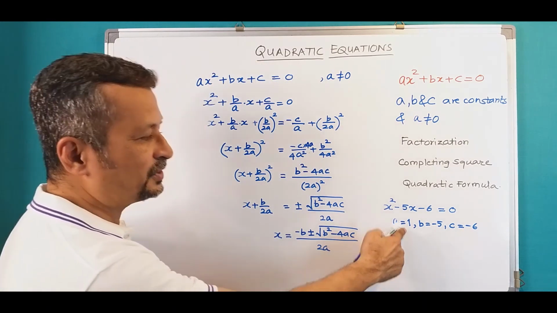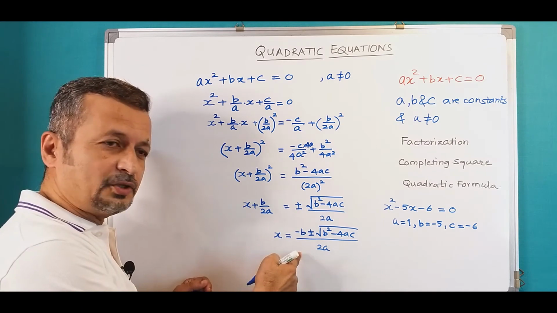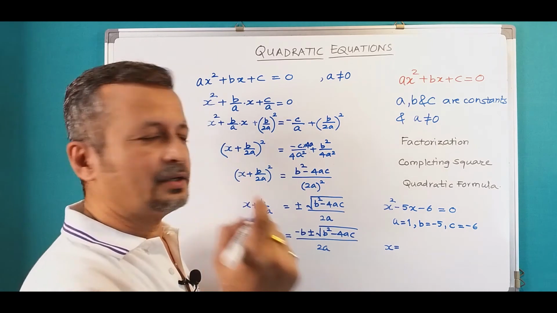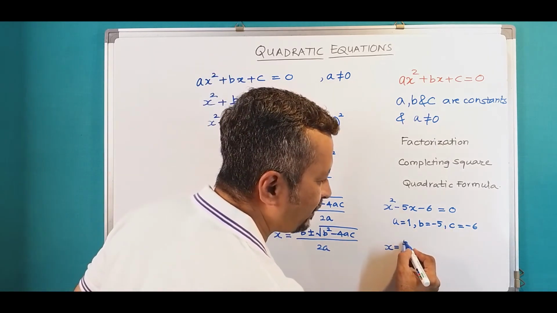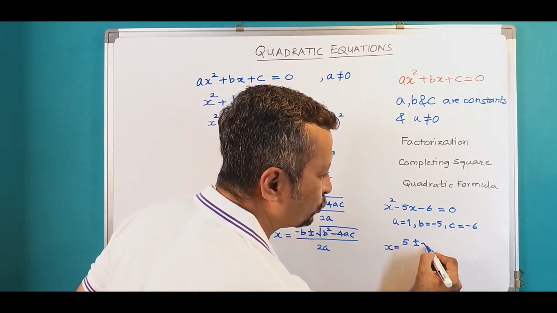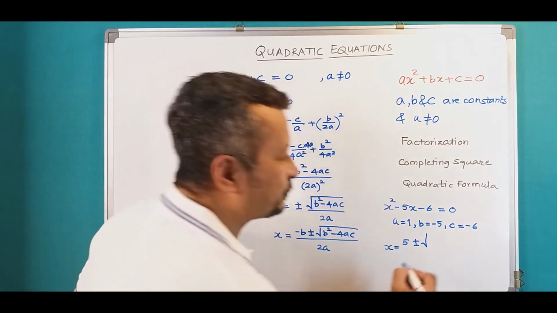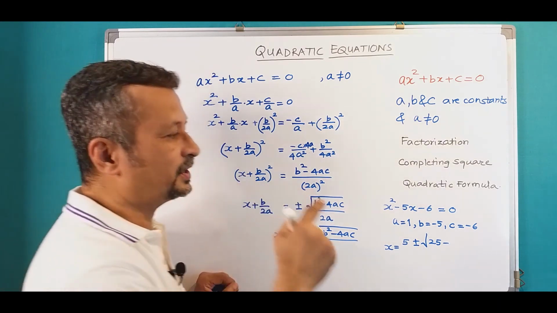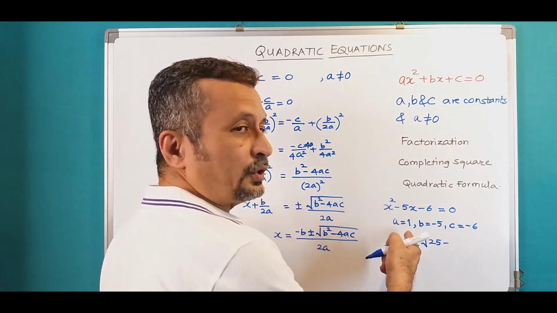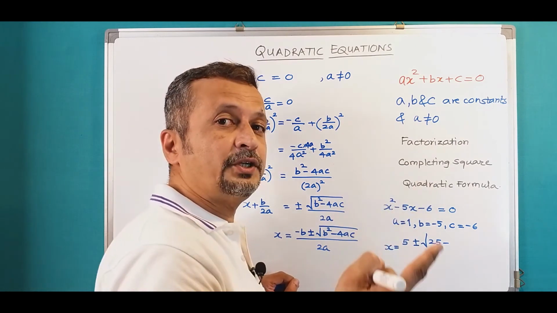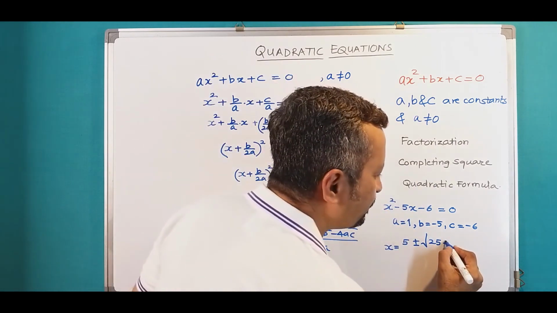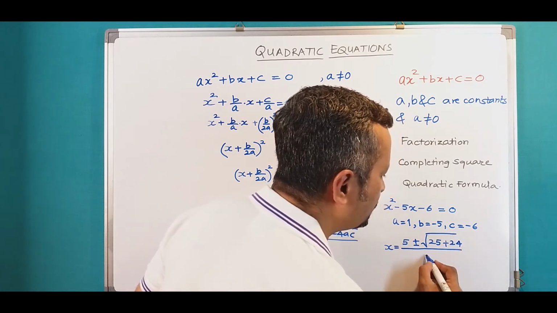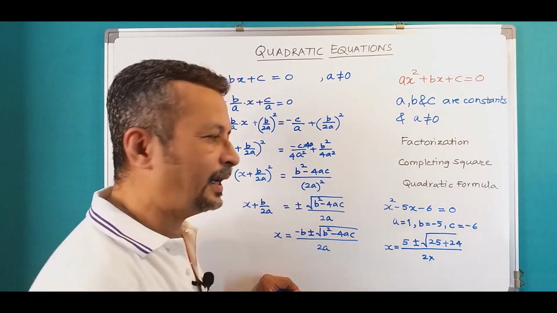If I substitute these values in this solution, my x would be equal to minus b, so minus of minus 5, that would be 5, plus or minus root over b square, that is 25, minus 4 into a into c. Now minus 4 into 1 is minus 4, and minus 4 into minus 6 is going to be plus 24 here, and that divided by 2 into a, and my a is equal to 1.